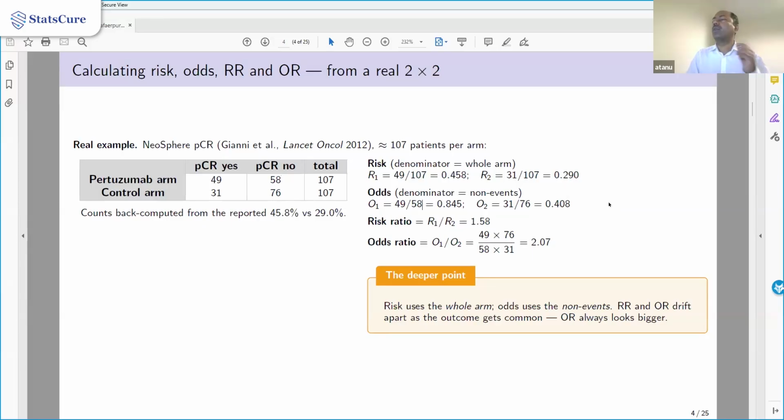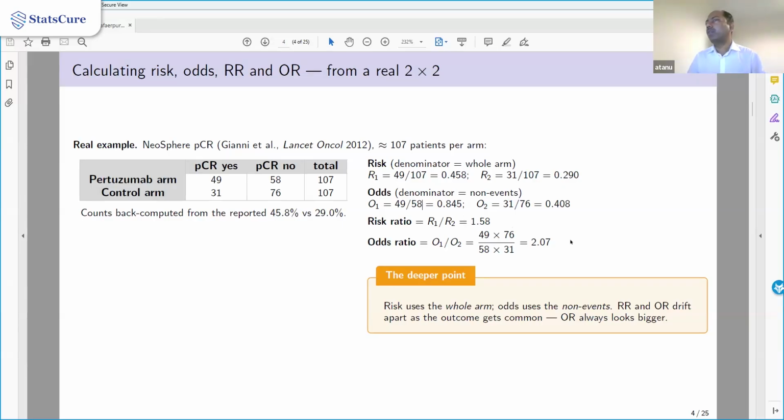Thereafter we calculate the odds ratio as O1 divided by O2, the same way, 49 multiplied by 76, and so on, and it comes to 2.07.